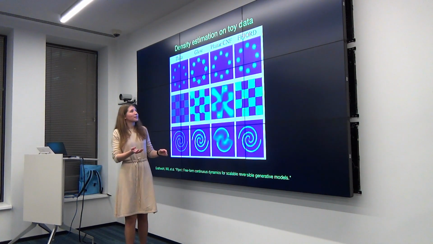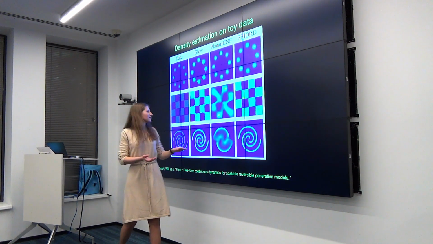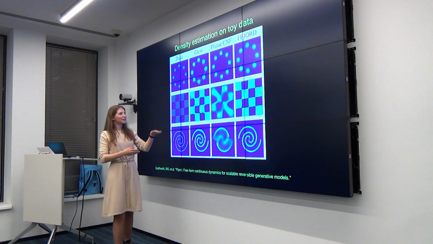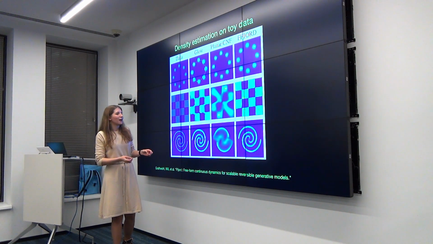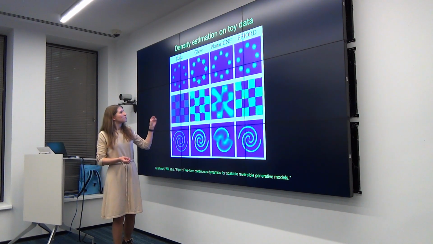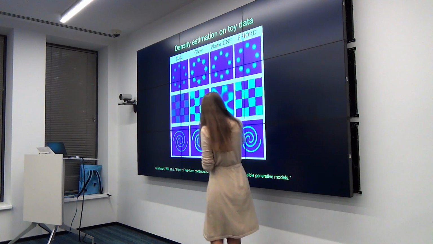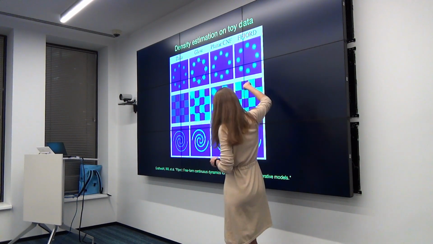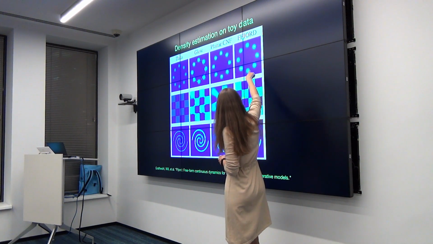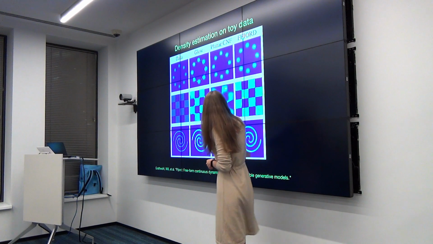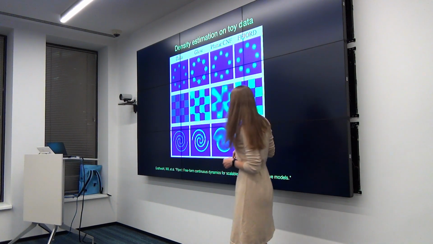And we see that FFJORD approximates the initial density better than other approaches, and it can approximate areas with low density well, in contrast to Glow and the CNF.